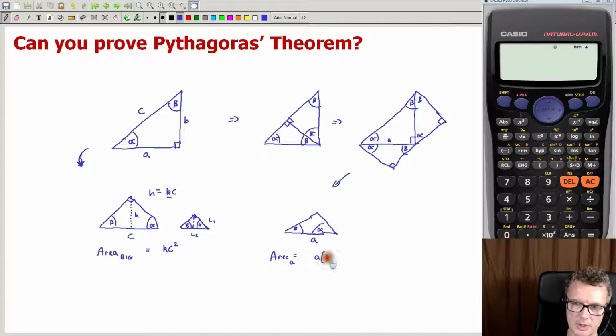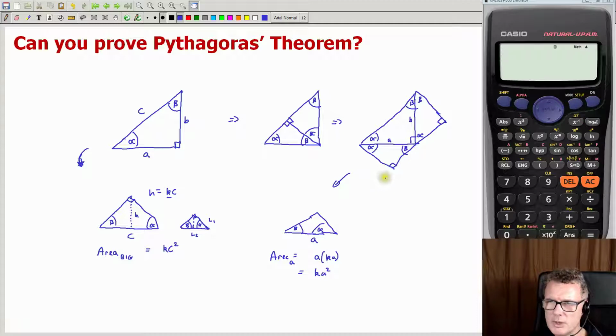So we'll put that in, K times A, so that will be KA squared. What about this triangle here? Well, we've got a base there. Let's flip that around. So this one I've rotated, rotated around like that.